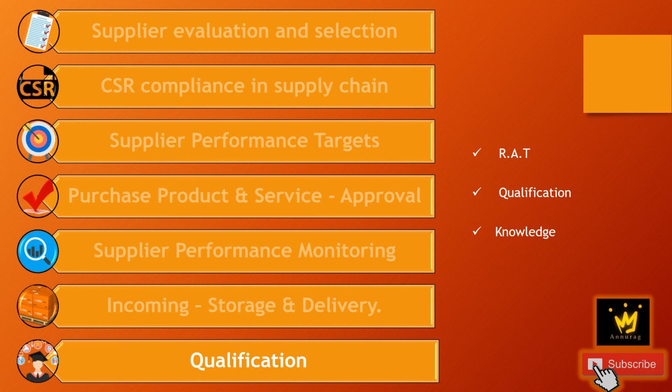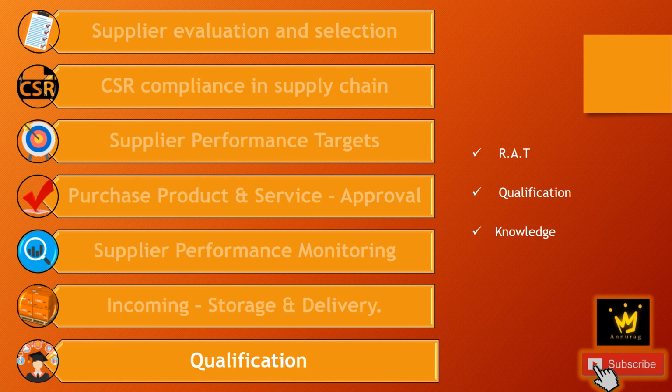The seventh question covers the qualification aspect, and the standard asks you to check, are personnel qualified for their respective task and are responsibilities defined? You need to check whether the description of responsibility, authority and task is defined for the people in their work area or not.